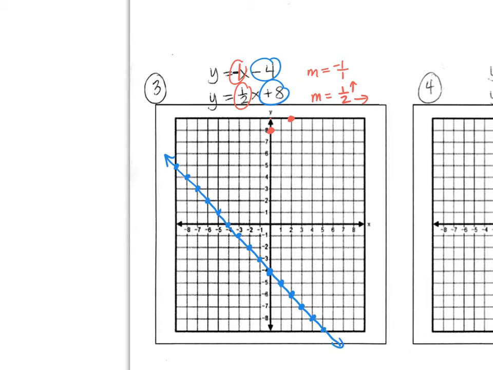So I'm going to go down 1, left 2. Down 1, left 2. And this is exactly why you want to go backwards and try to make your line accurate, is because my solution's way back here. And there we have it. Okay, that's our solution. What point is that? -8, 4 is our solution.